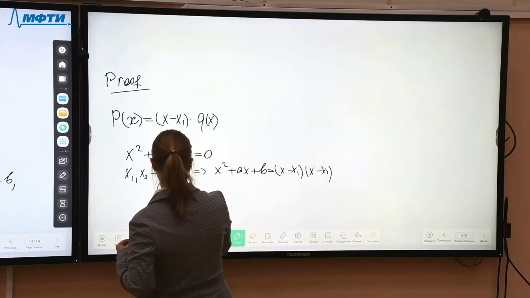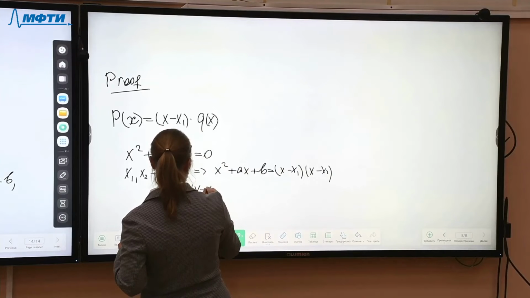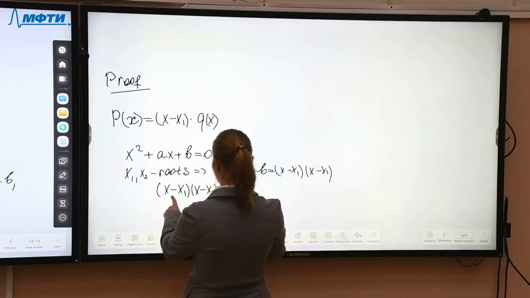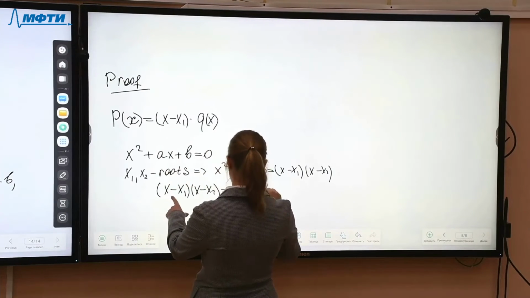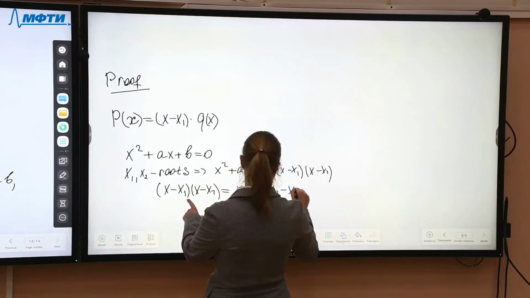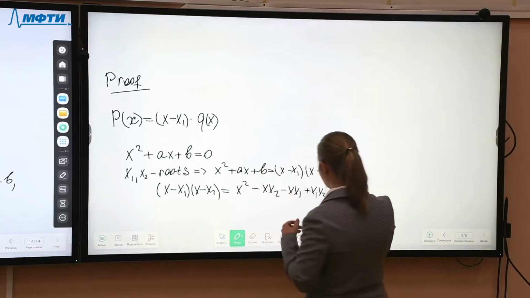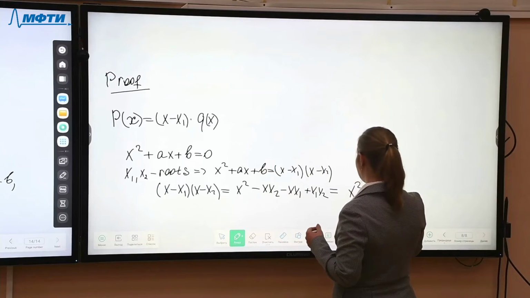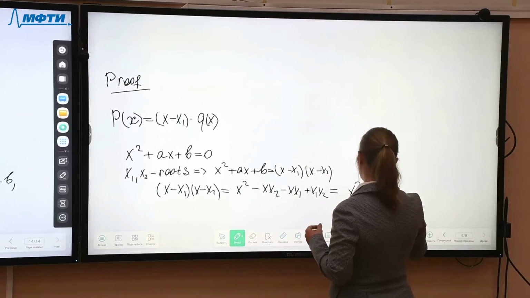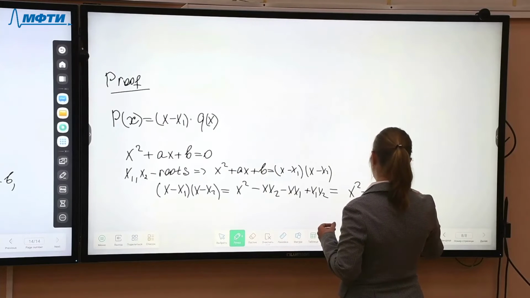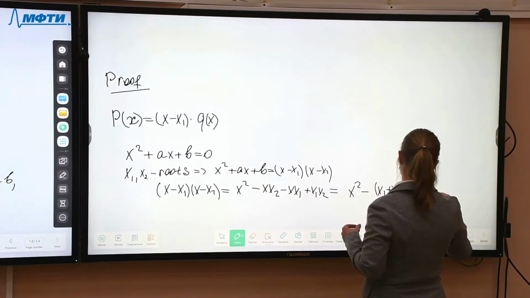Because if we consider this product, we have x squared minus x x2 minus x x1 plus x1 x2. So this is x squared minus x1 plus x2 times x plus x1 x2.